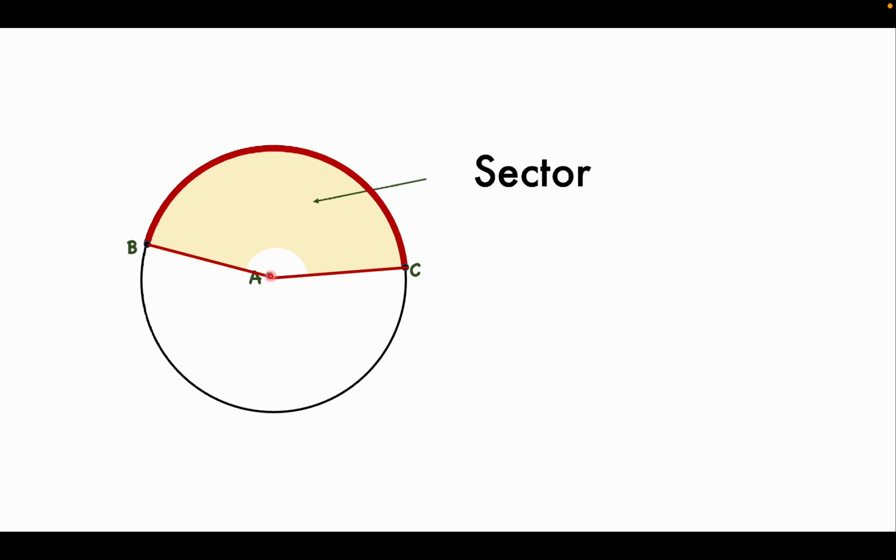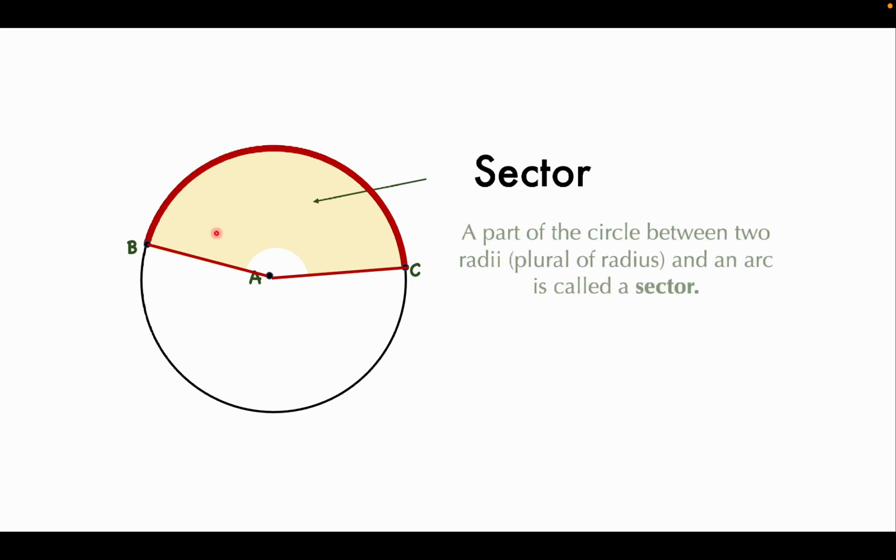Yung radii po is the plural form of radius. Okay? So, anong tawag dito sa portion na na-cover nung dalawang radius at saka ng isang arc? So, the portion that is being covered by the arc and 2 radii is called the sector. Okay? Sector po ang tawag natin dyan. Remember, 2 radius or 2 radii and an arc. Okay?